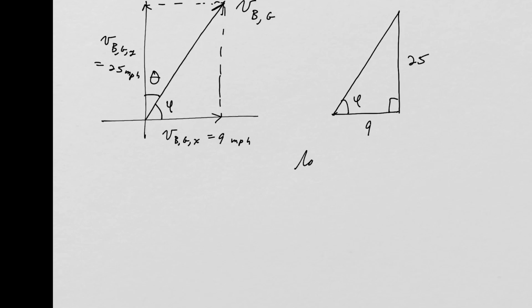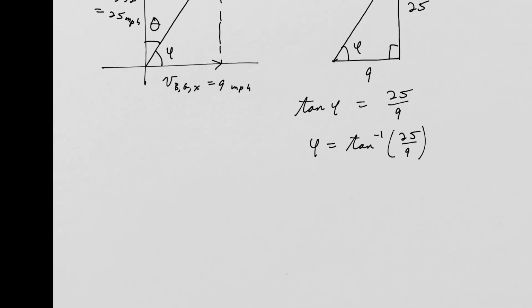So I know that tan of phi is 25 over 9. That means phi is going to be the inverse tan of 25 over 9. And if you plug that into your calculator, that's going to be 70.2 degrees.